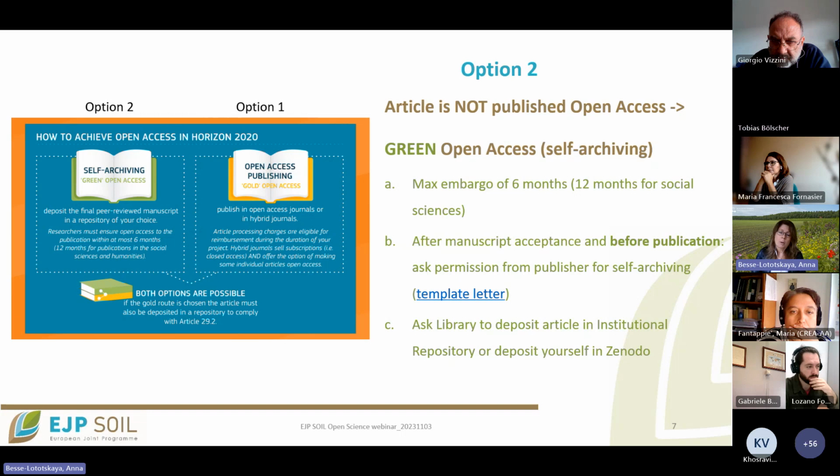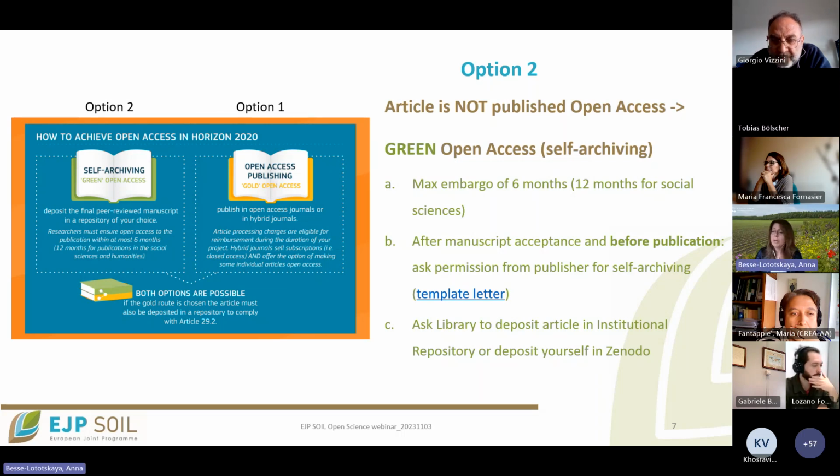The requirement for Horizon 2020 is that the maximum embargo period is 6 months for natural sciences and 12 months for social sciences. That means that it's normally longer by the publisher. So you will need to ask permission from the publisher to deposit your article earlier.